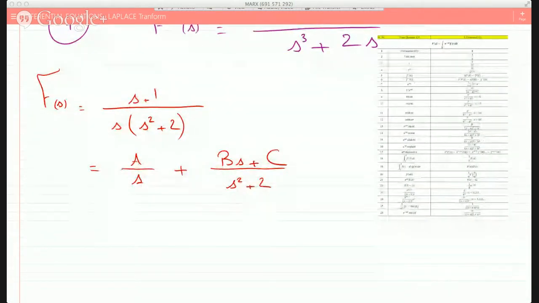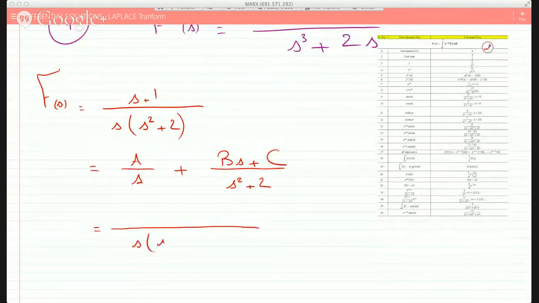Okay? And now you have to take a common denominator, which of course will be the original one, s times s squared plus 2. And A multiplies the s squared plus 2, and the bs plus c multiplies the s.